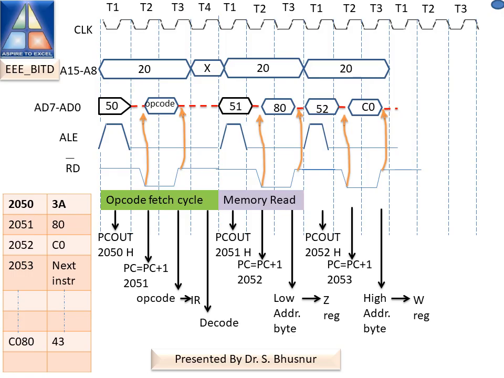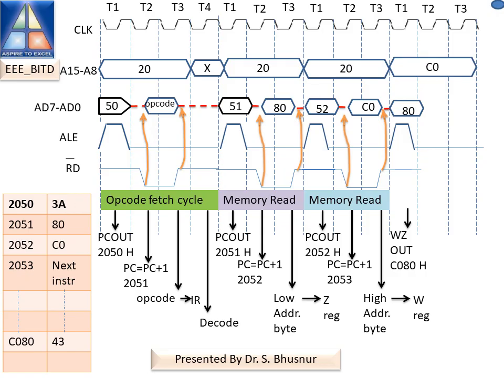So you can see the program counter is still pointing to the opcode of the next instruction, and those contents are not disturbed. In the last machine cycle, which is the memory read machine cycle, again the address will be output on the address bus from the WZ registers, and a similar set of actions takes place.